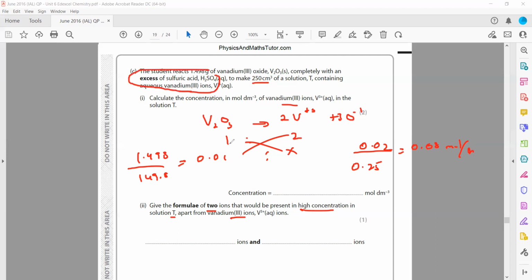So it contains sulfuric acid, so hydrogen ions will be there and sulfate ions will be there. Is it clear? Part C.